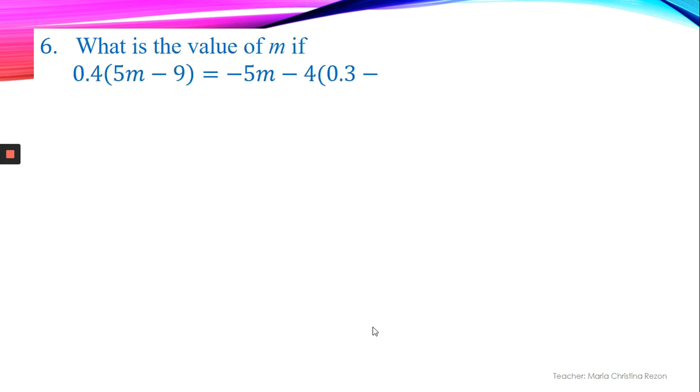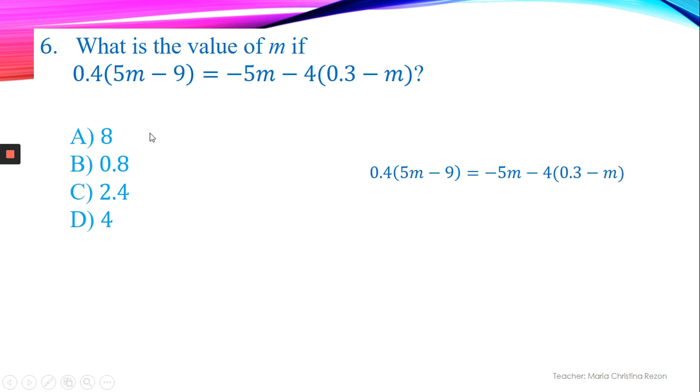Number 6. What is the value of m if 0.4 times (5m minus 9) is equal to negative 5m minus 4 times the quantity (0.3 minus m)? So you have here 4 choices.